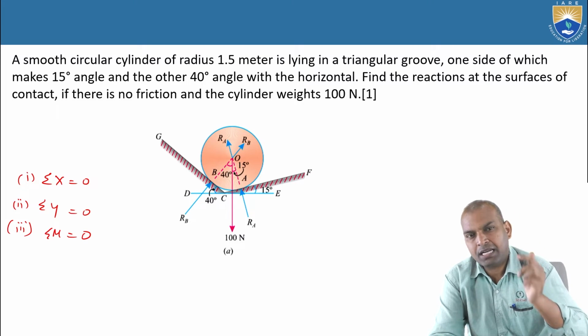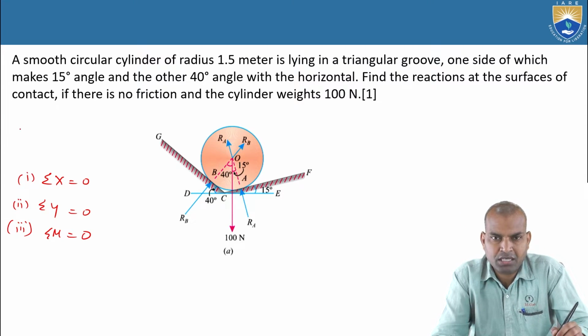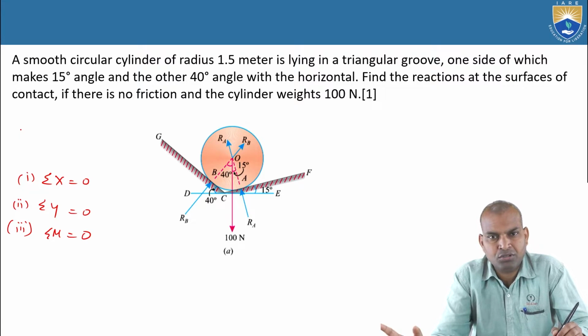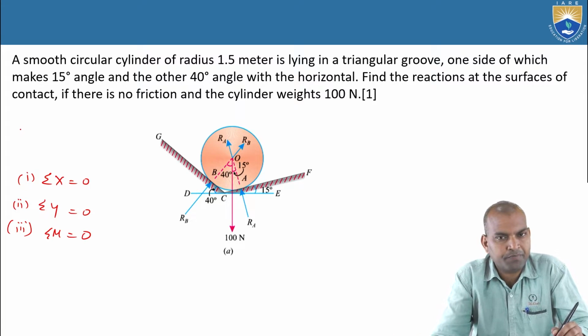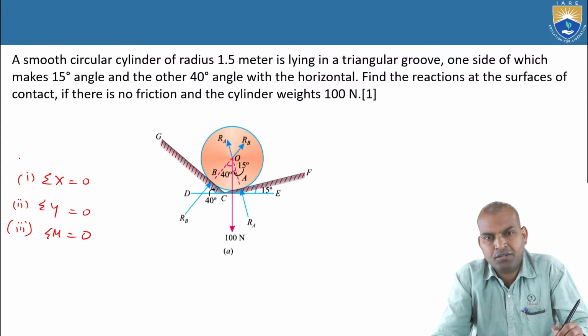So the body is in static equilibrium when these three conditions are satisfied. Then only the body will be in static equilibrium. Why should we use these conditions? By using these conditions, we can find out the unbalanced force in the horizontal.